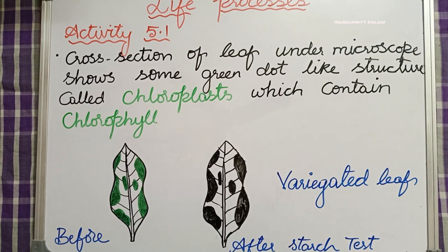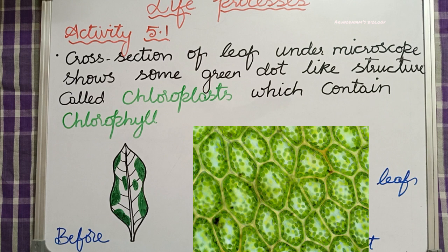For that, first of all, we have to take a leaf, take a cross section of it and place it under a microscope. Observe it. If we observe a cross section of a leaf under the microscope, we can see many green colored dot like structures in it. Already we know that every living organism's section has cells in it.